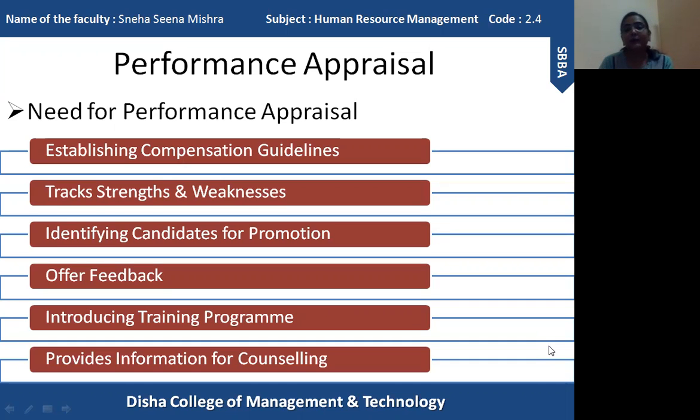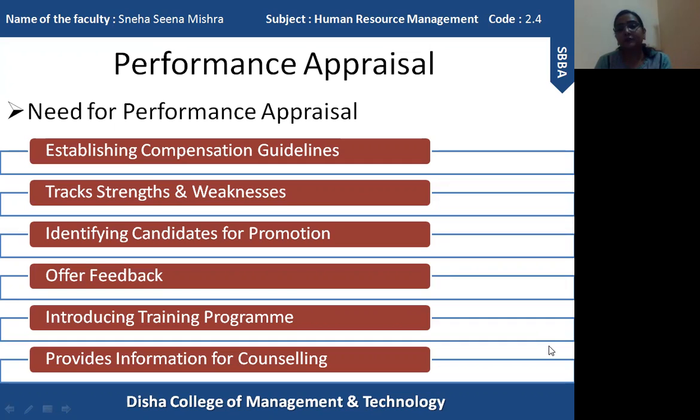Okay, so now I am going to explain all the reasons because of which every organization requires performance appraisal. The first one is establishing compensation guidelines. Every employee is paid for providing service to the organization, and each and every job is evaluated properly so that the worth of the job can be determined and the person appointed on the job can be paid according to it.